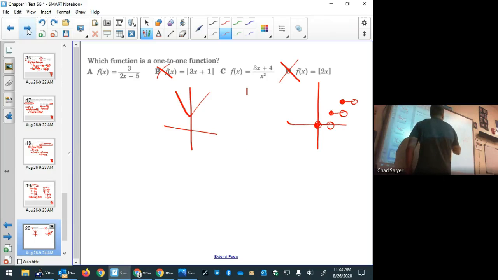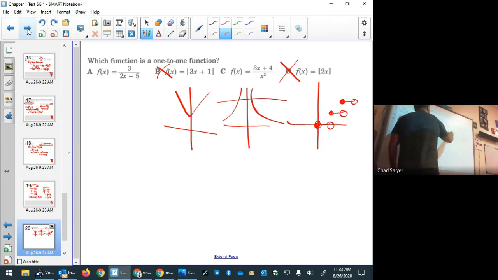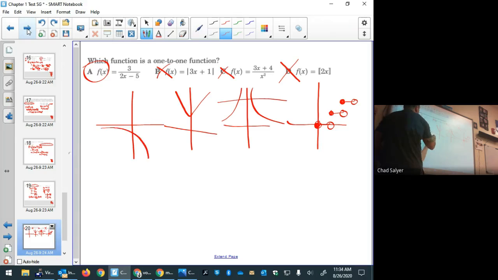Now with this one, I think it's going to look something like that in the graph. So that would of course fail as well, meaning A is our only possibility. It would pass the horizontal line test, and it would look something like this. A is in alpha.